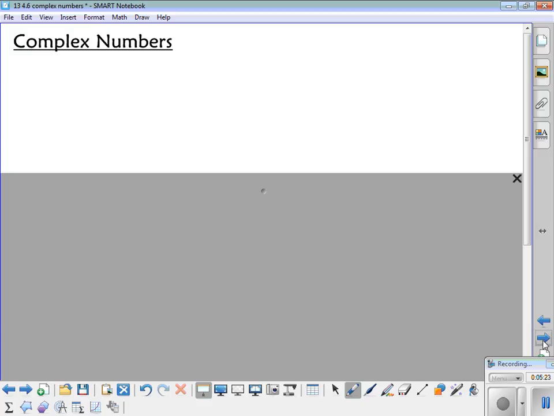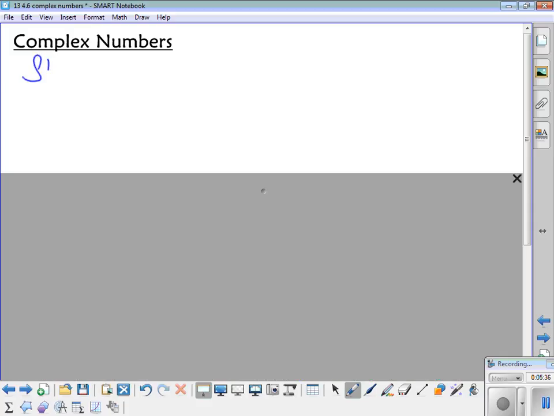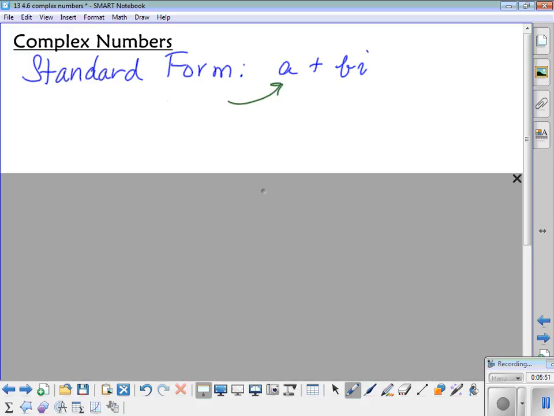All right, so complex numbers. A complex number has a real part and an imaginary part. And so the standard form for a complex number is we put the real part first and the imaginary part second. So a plus b times i. That's my real part.